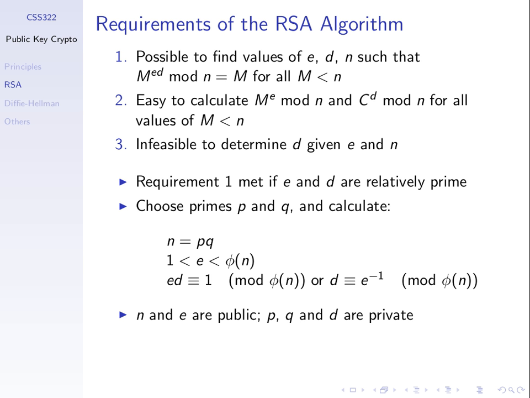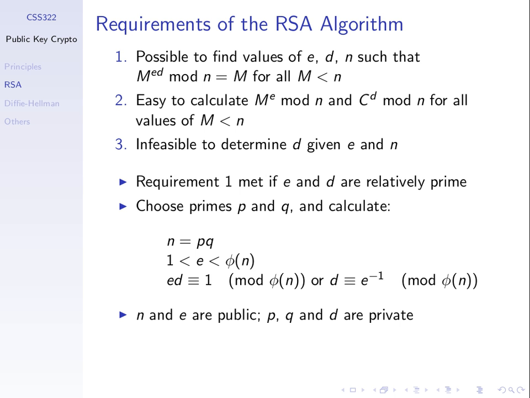Choose a value of E less than the totient of n that is relatively prime with the totient of n, which is the equation that we have here. Choose P and Q, we have n. We have the totient of n. Now choose an E which is relatively prime with the totient of n, and there are quite easy algorithms for doing that.